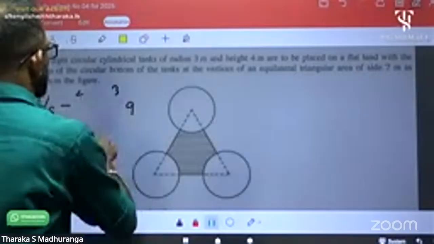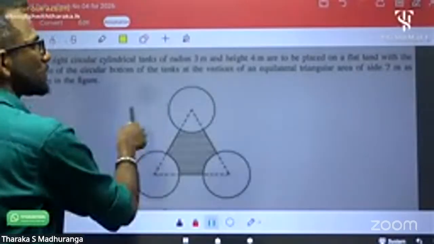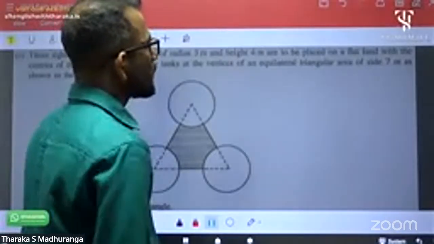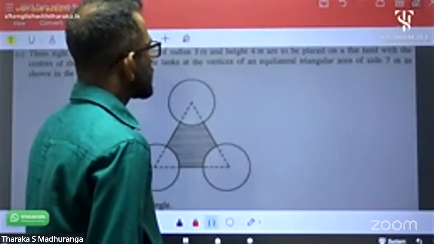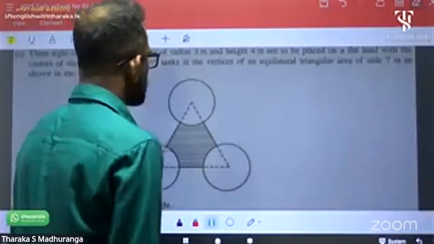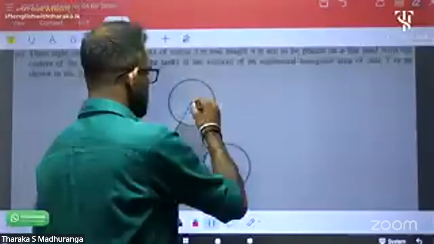Okay, now as given in the figure, an equilateral triangular area of side 7 meter. The side length is 7 meter.